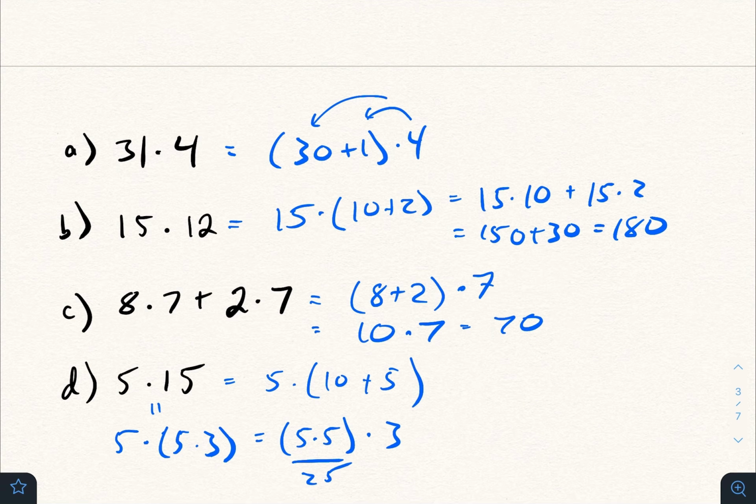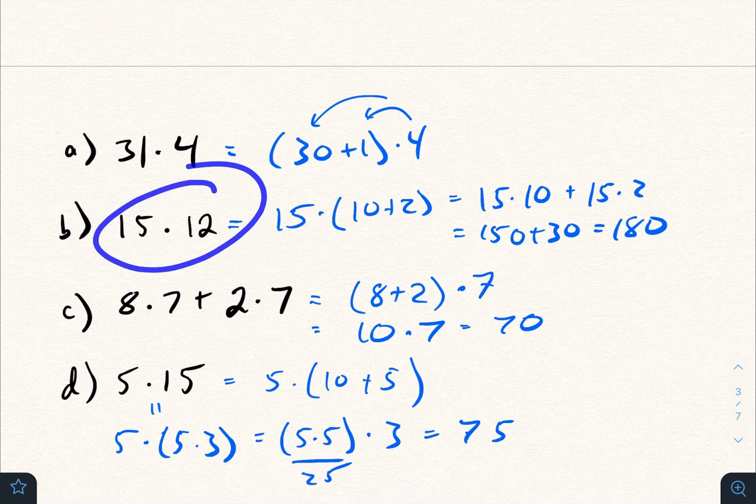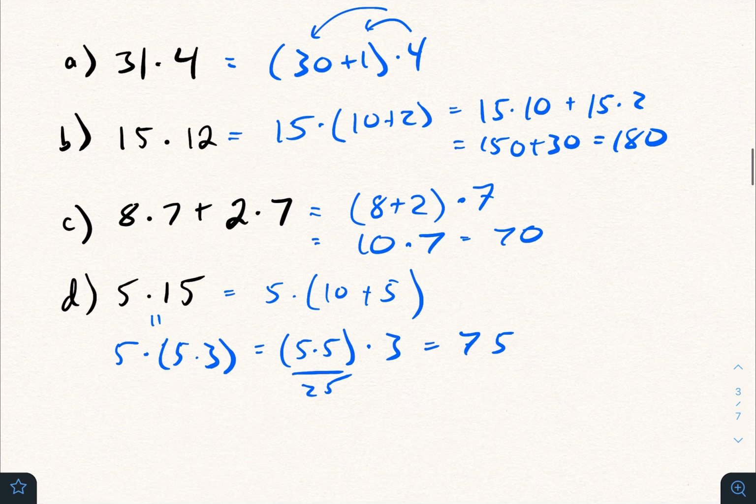And so 5 times 5 is 25, and then 25 times 3, that's, to me, easier to do in my head than 5 groups of 15. So adding 15 to itself 5 times versus adding 25 to itself 3 times, to me, this is easier. Let's go back to 15 times 12, because that's another good application of the associative property.